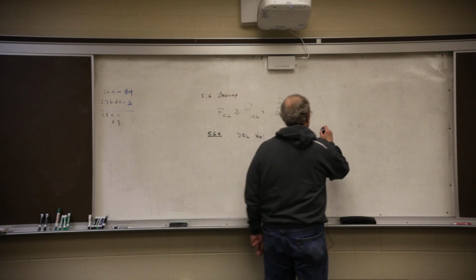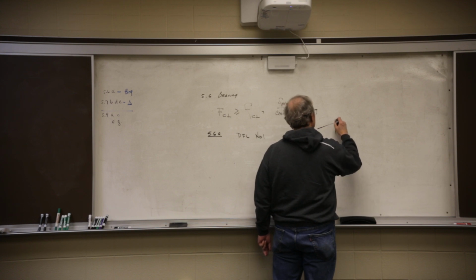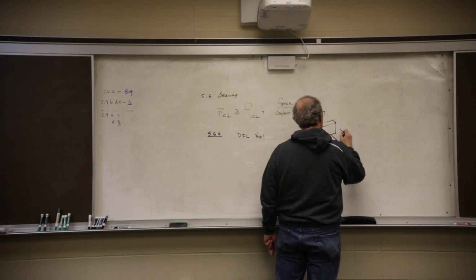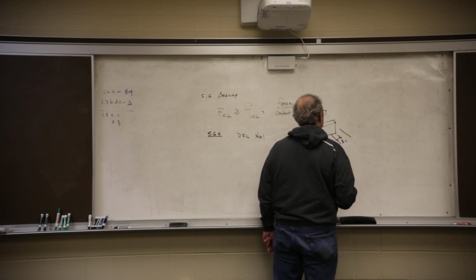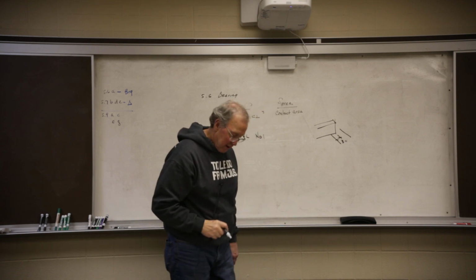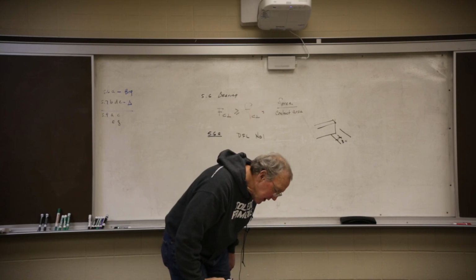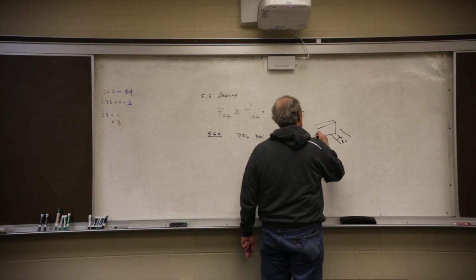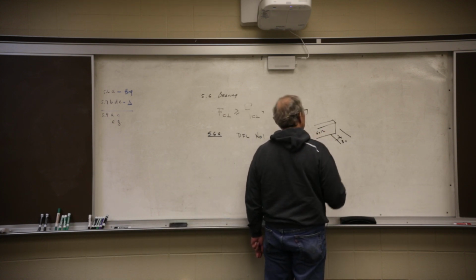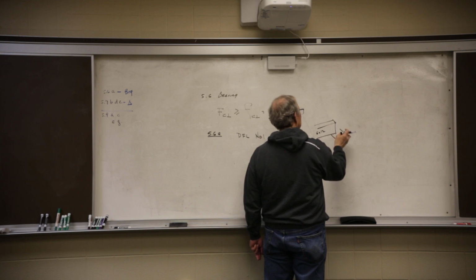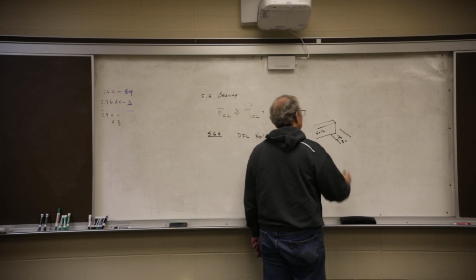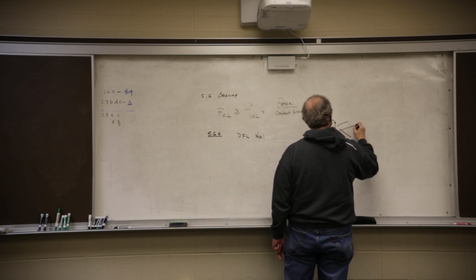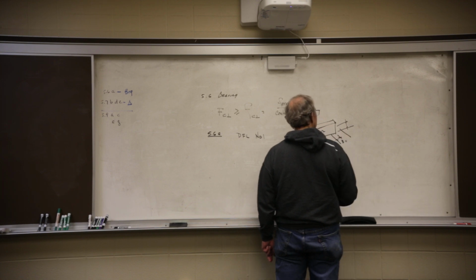So here's what I've got. Got a beam sitting on it, it's got 3 inches of bearing. It is a 6 by 12, 12 inches tall, 6 inches wide. The common area is the width of the beam times 3 inches.